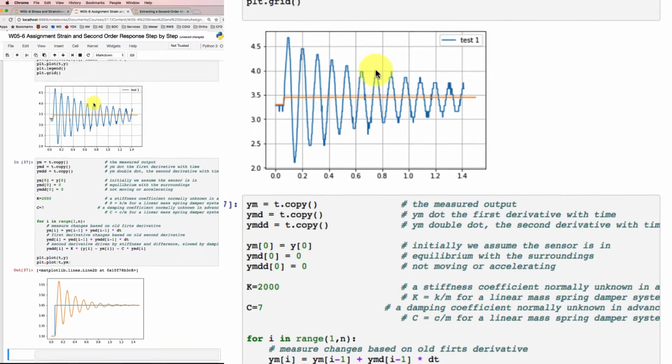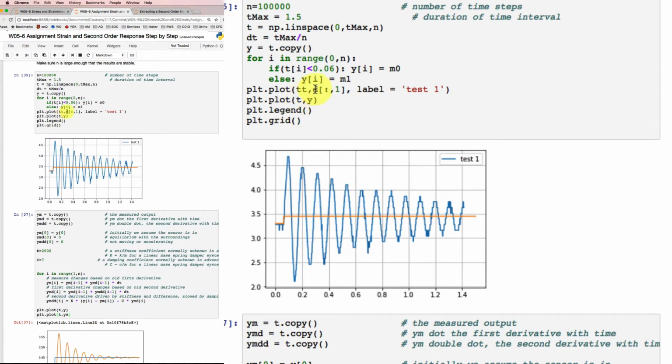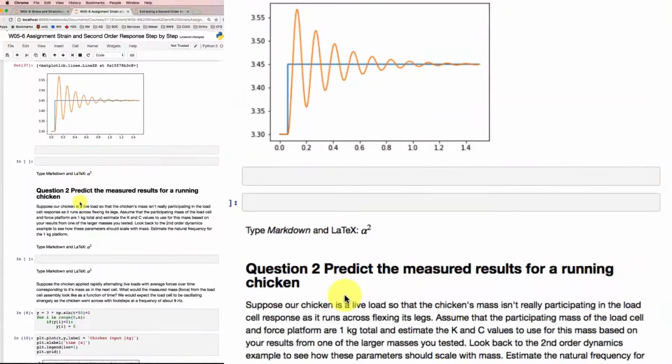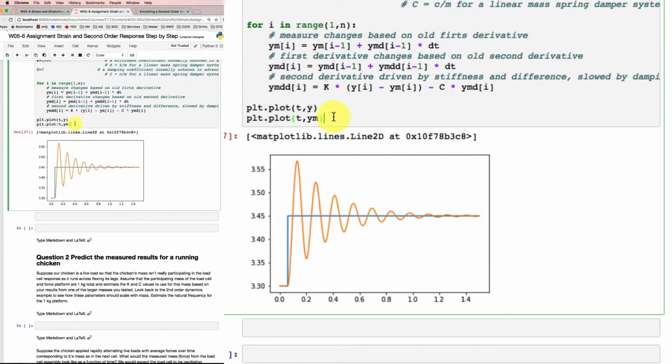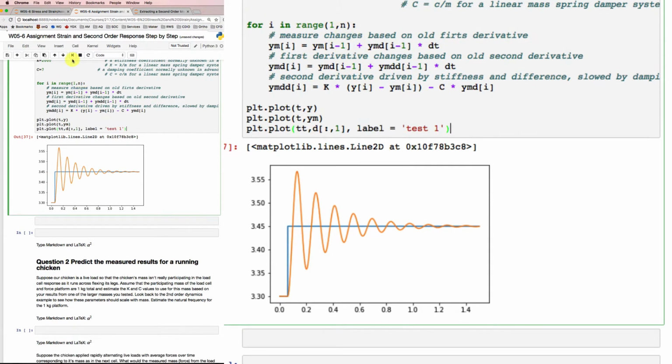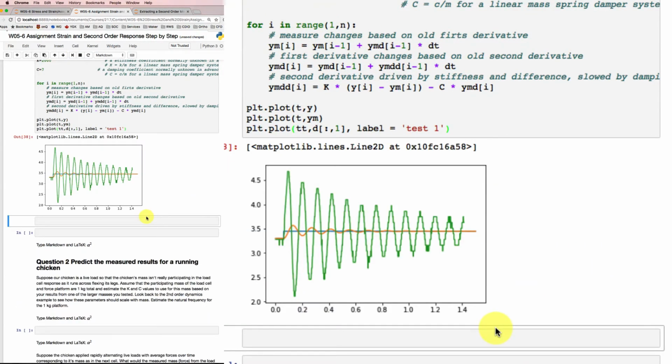So let's put the blue stuff on there as well. It was this one. So I'll go down here and I'll put that blue stuff on there just so that we can compare them. Oh, and now we see actually the measured data, the stuff we got from our measurements, was oscillating up and down quite a bit more.